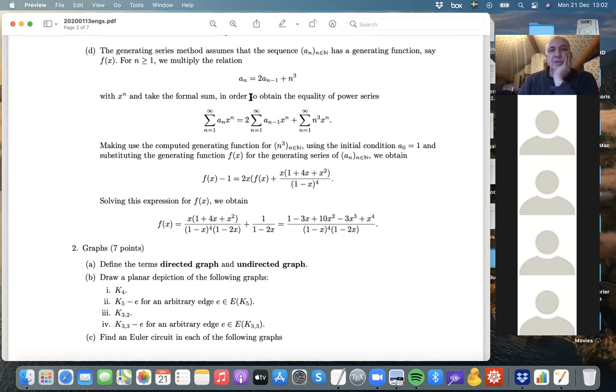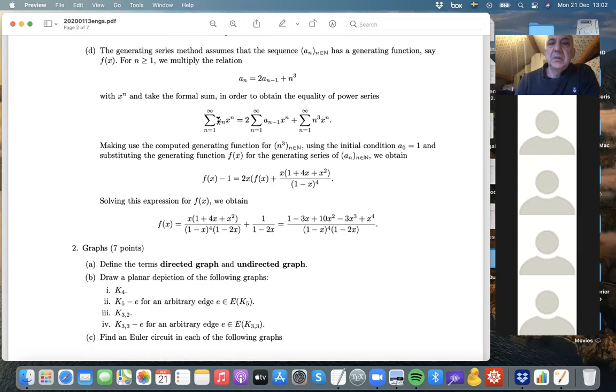Okay, so let's see. Here is this question again. We have this recurrence, which is valid for all n at least 1, and we additionally have a0 equals 1. So multiplying this by x power n and adding them up, infinitely many such things, the left-hand side would be the summation from 1 to infinity of a_n x power n, which is by definition the generating function.